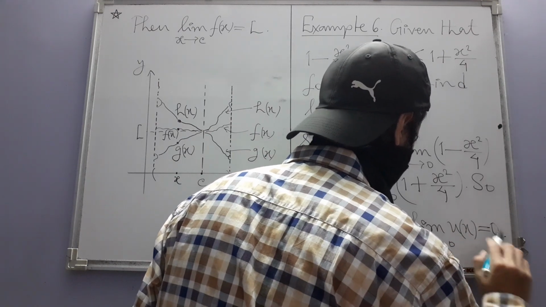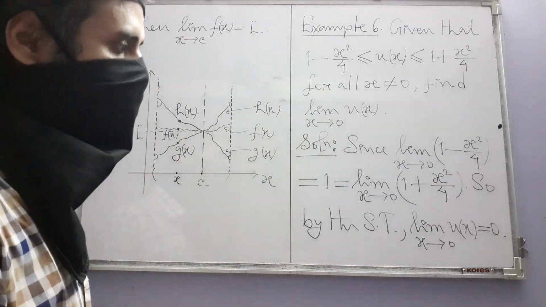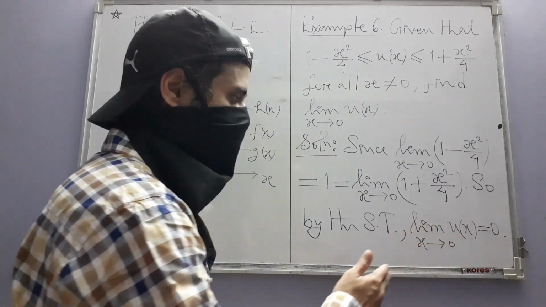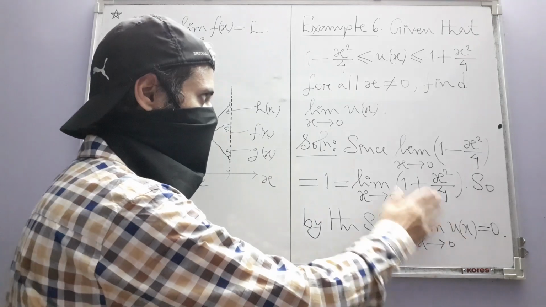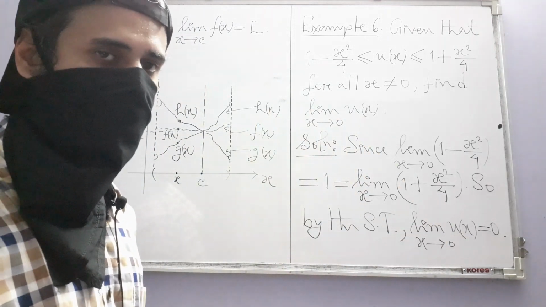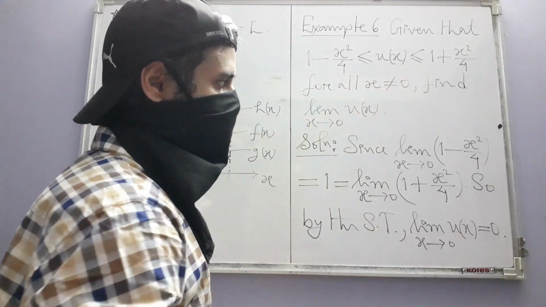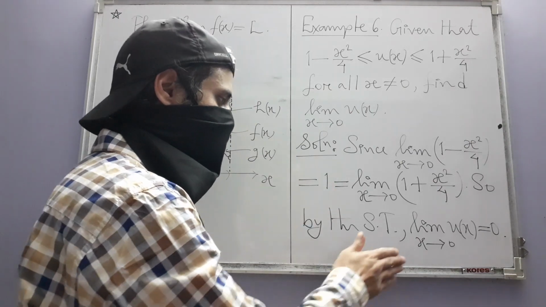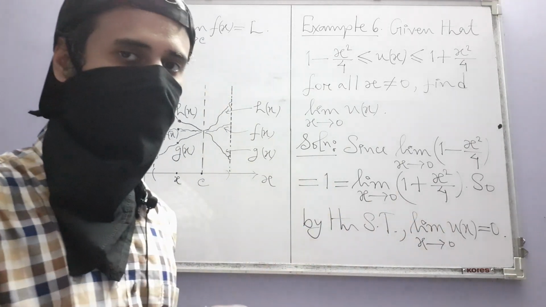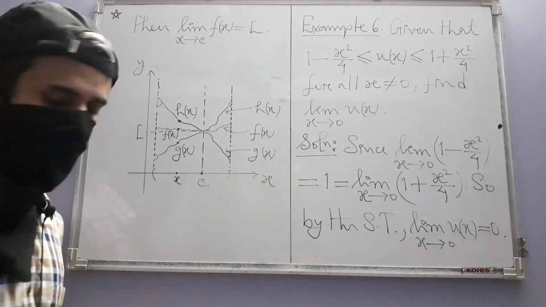And you can see how general this result is. It does not matter what the actual function u of x is. If these inequalities are true, then all such functions are bound to have limit 0 as x approaches 0.